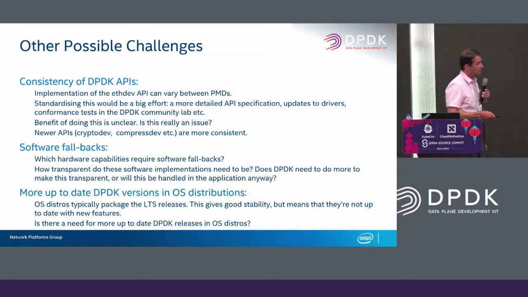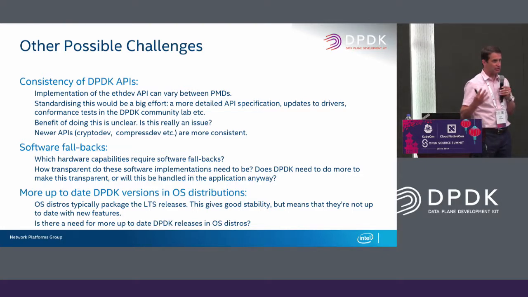And the last one is more up-to-date DPDK versions in OS distros. Typically the OS distros package the LTS releases, because those are stable and well maintained, and that suits the needs of the OS distributions. But it means if you want to consume DPDK from an OS distro, you can't take advantage of new features for some period of time after they're available.